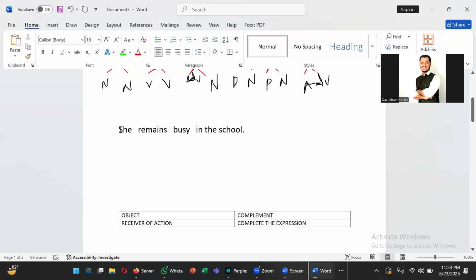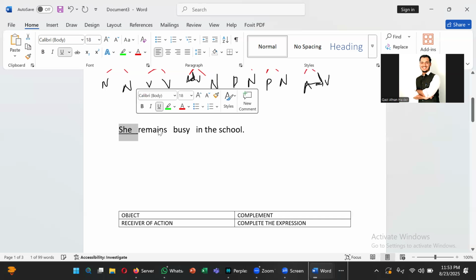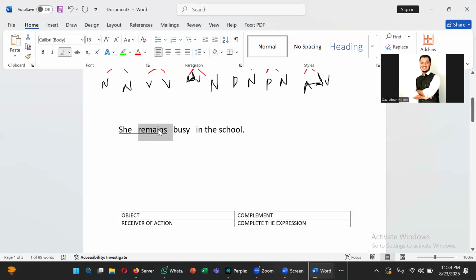Now, first of all, there is she. She is the subject, remain is the verb. In the school is adverbial.